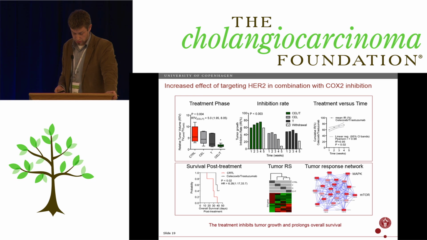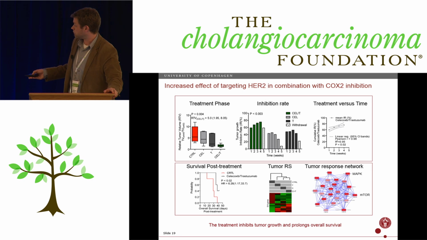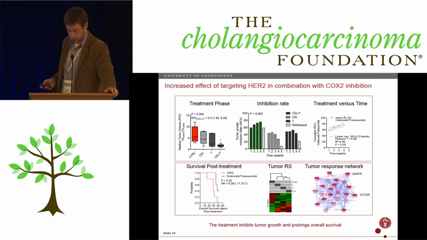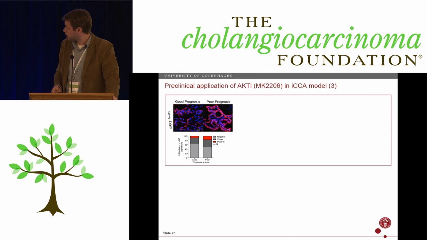We excised the tumors also in this part of the study, and were able to generate a tumor response network, which recapitulated what one would expect to see when treating with these drugs, the MAPK and mTOR pathways. Particularly the mTOR pathway then led to our next part of the story, and that was asking: what about AKT in this setting?